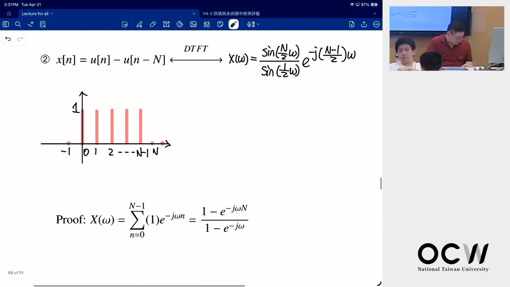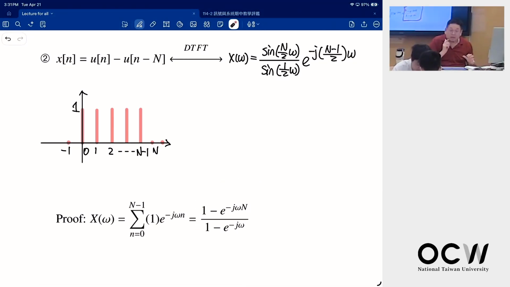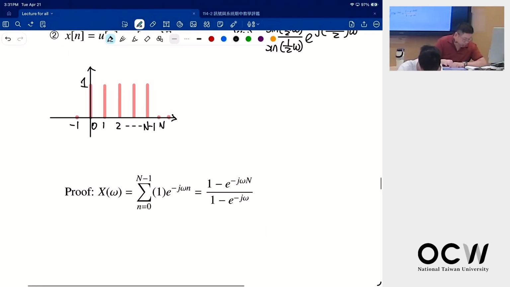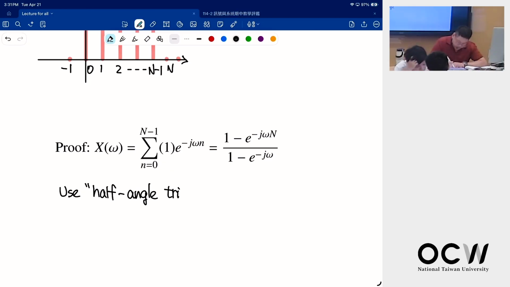Here you may see this form many times, and we use the trick called the half angle trick to simplify this.